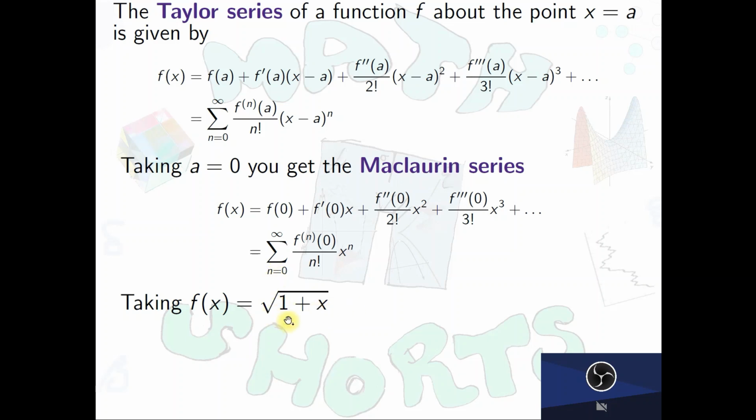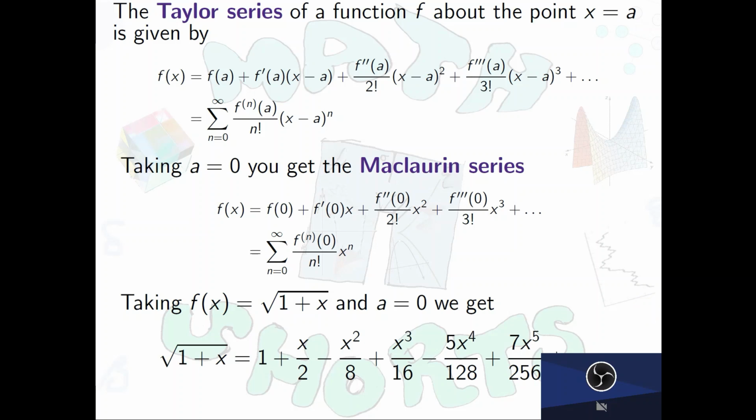So that's kind of why we were looking at that 1 plus x. And look what happens if we take a equal to 0. So we do the Maclaurin series for this. This is what we get, which was exactly what the first few terms that we saw before. So let's take a look at this a little bit closer.